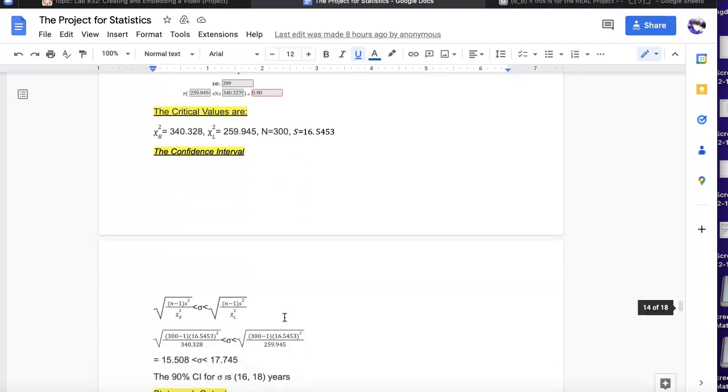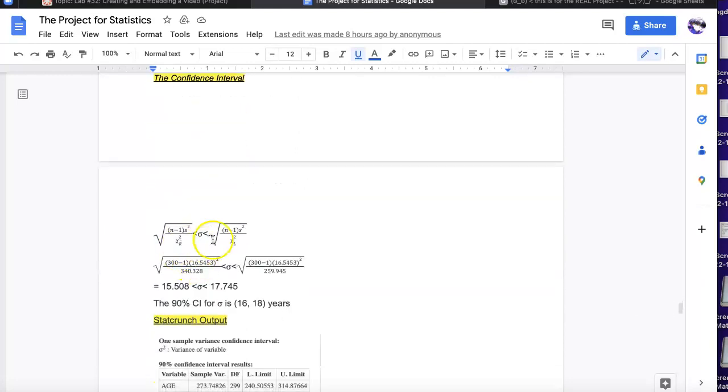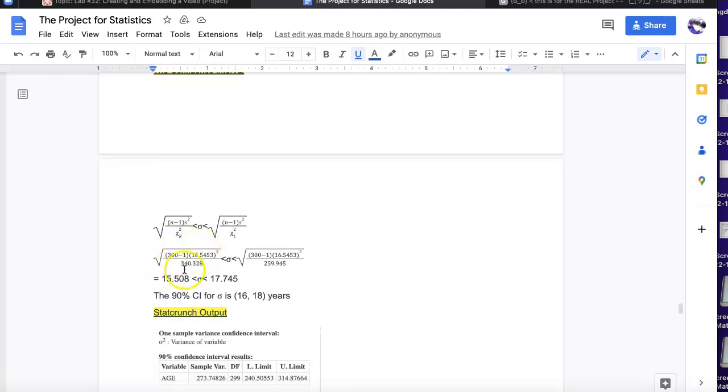So now to find the confidence interval, this is the formula that you would use. We just plugged in our numbers, and after our calculation, we got 15.508 and 17.745.